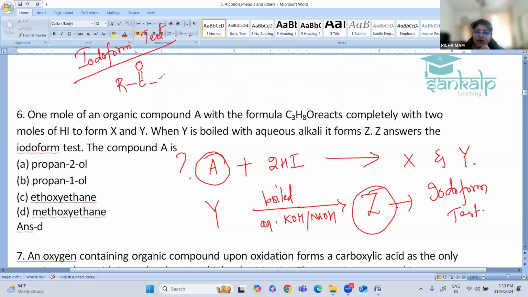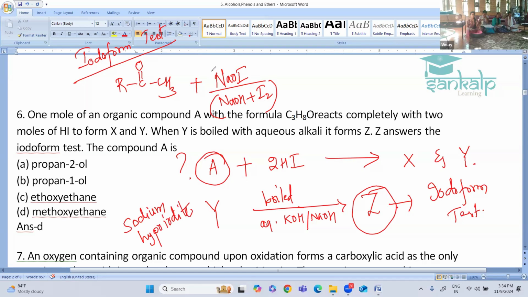This is a methyl ketone. What will it do? It will react with sodium hypoiodide, NaOI. How are you going to get the sodium hypoiodide? When you react NaOH with iodine, you are going to get sodium hypoiodide.